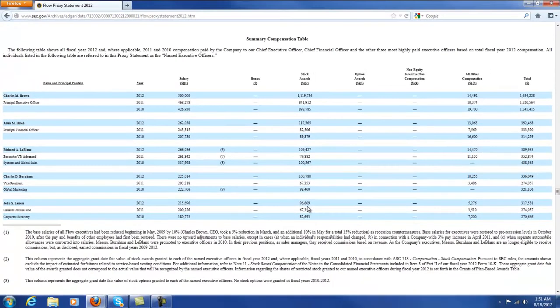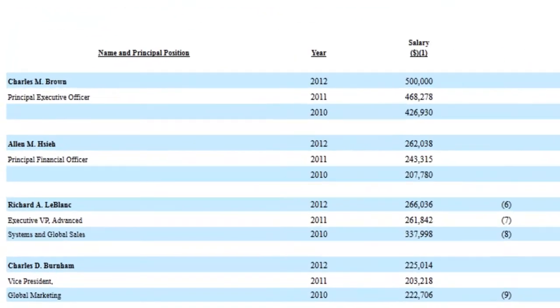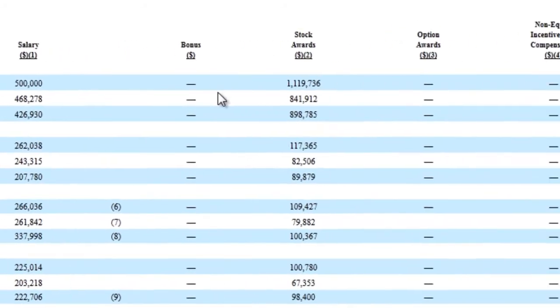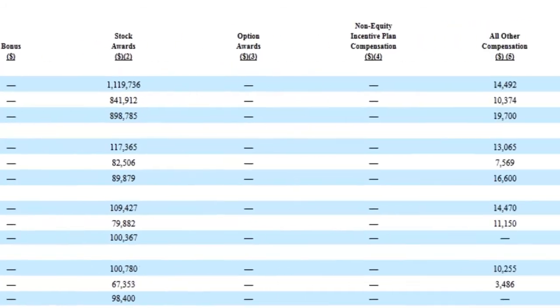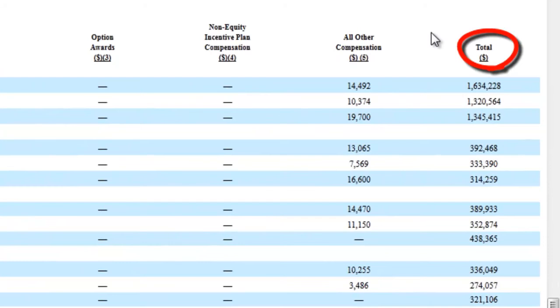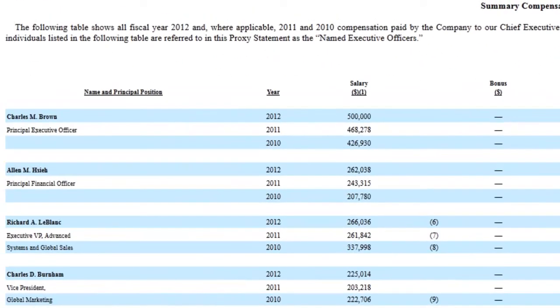Here we get to a summary compensation table. This is where you find out how much your management is making. What is their salary? How much stock were they awarded? Do they have any options? And then at the end, you want to find out what their total compensation is and how it compares to previous years. How much does the CFO make?